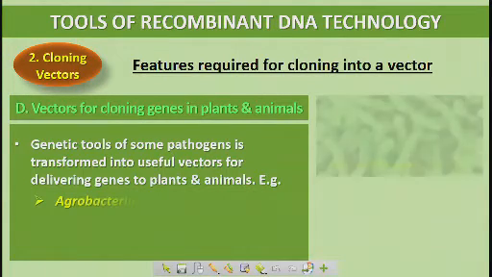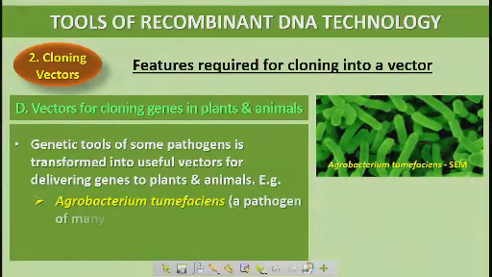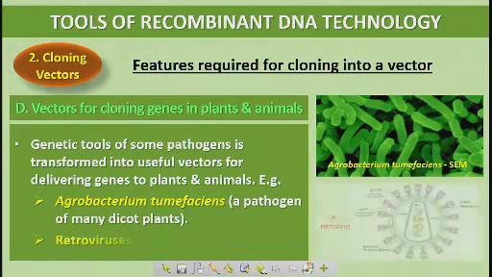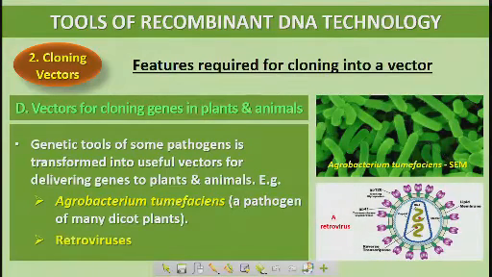For example, Agrobacterium tumefaciens, a pathogen of many dicot plants. We may also use retroviruses. Retroviruses are those viruses which contain RNA as the genetic material.